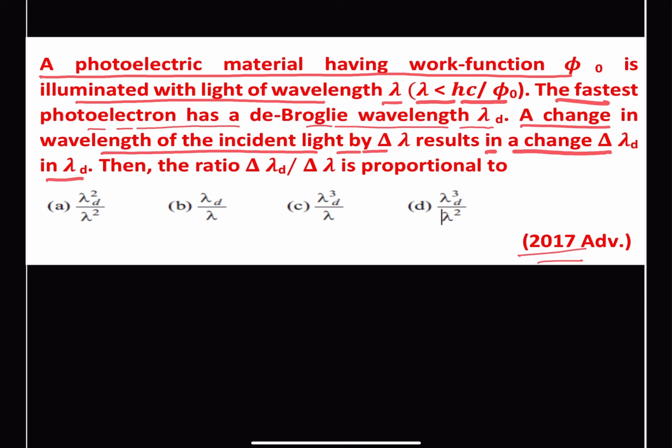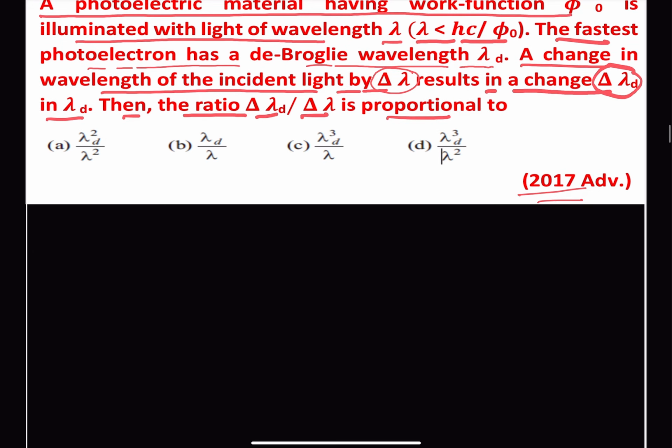Then the ratio of the change in the de Broglie wavelength to the original wavelength is proportional to what? So we are changing the incident wavelength by delta lambda, and the corresponding change in the de Broglie wavelength is delta lambda d. We have to find their ratio.